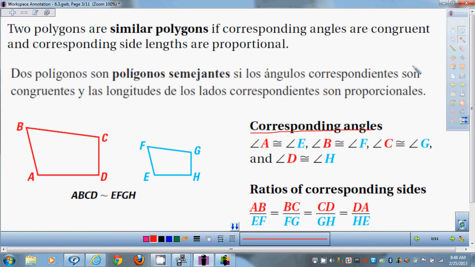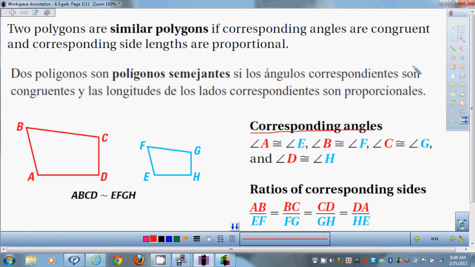Because the sides aren't congruent, they're proportional. Don't forget, the sides are not congruent. They are proportional. So instead of writing that they equal each other, you have to put it over the one that they correspond with. So like this, these two are similar.